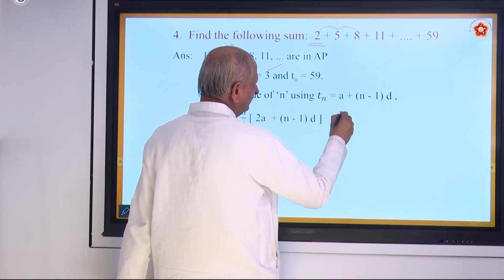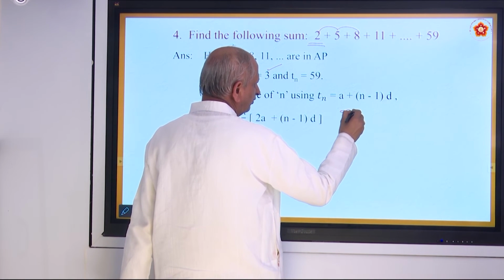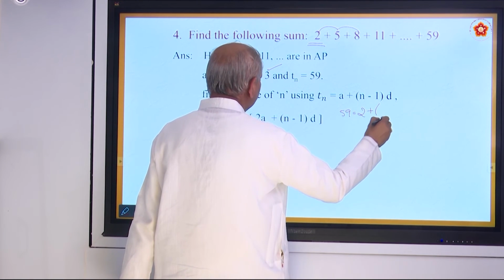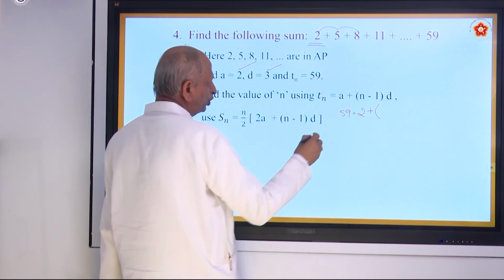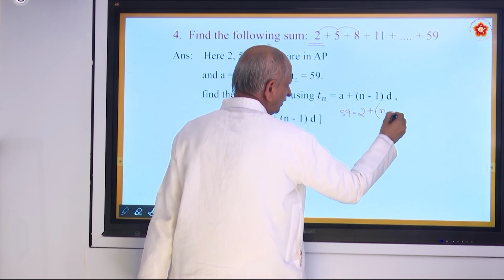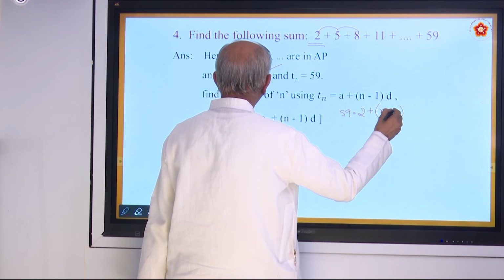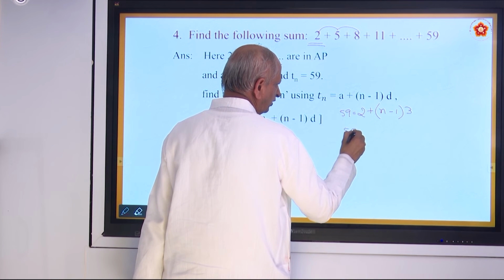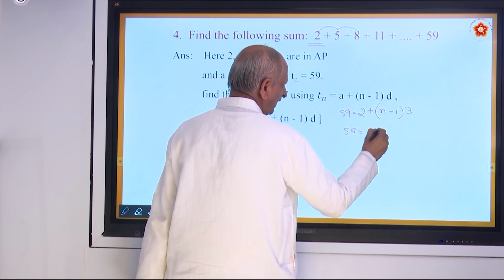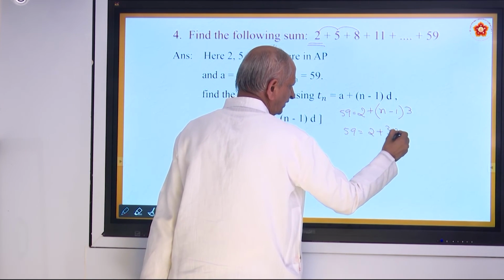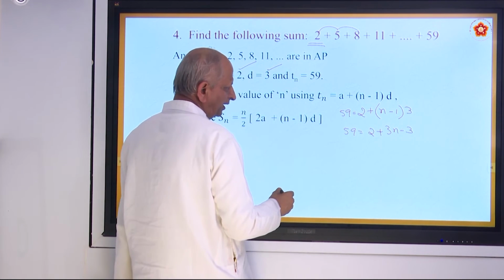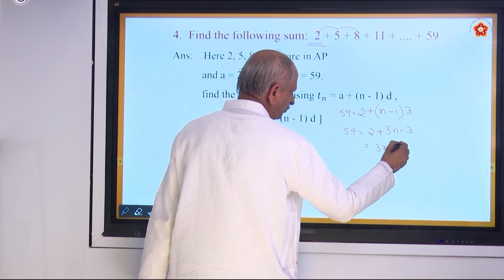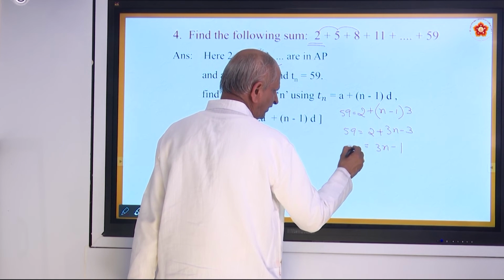So Tn, that is 59, is equal to a, 2, plus n minus 1 into the common difference, which is 3. So 59 is equal to 2 plus 3n minus 3, that is 3n minus 1 is equal to 59.